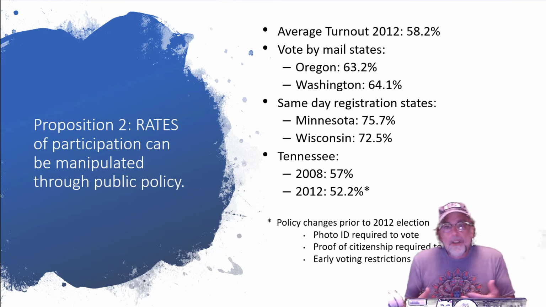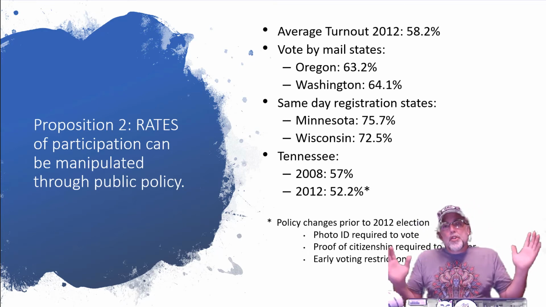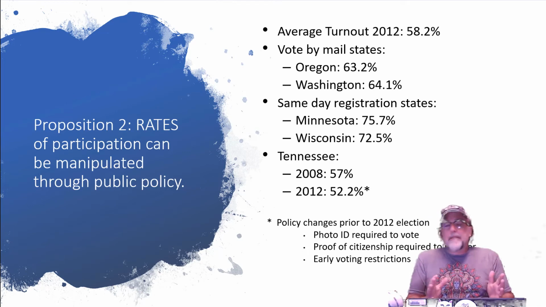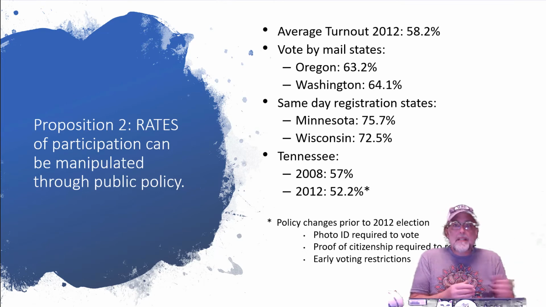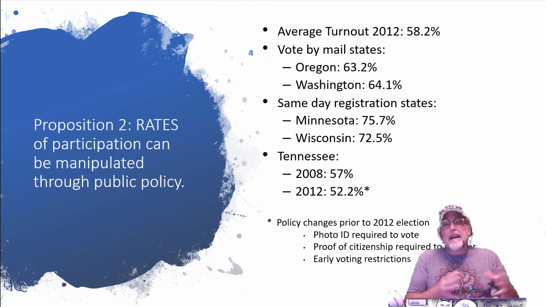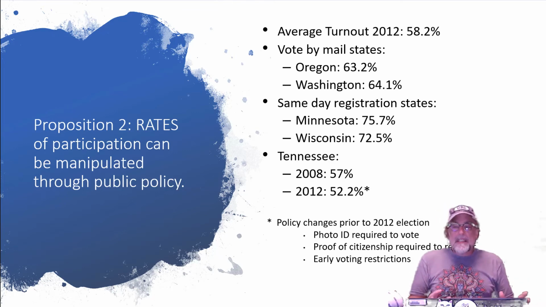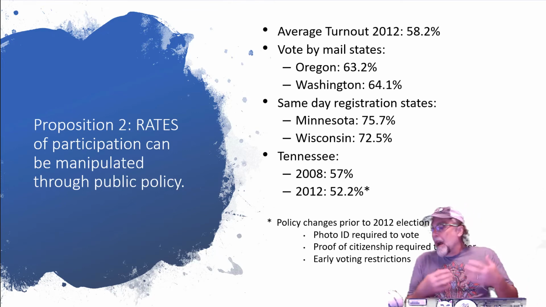And then also in Tennessee, they shortened the period of early voting. Early voting means you don't have to show up on a particular day. We'll open up the polls a week ahead of time or 2 weeks ahead of time so that you have a nice long window in which you can go and vote at any point in which it fits into your plans for the week.